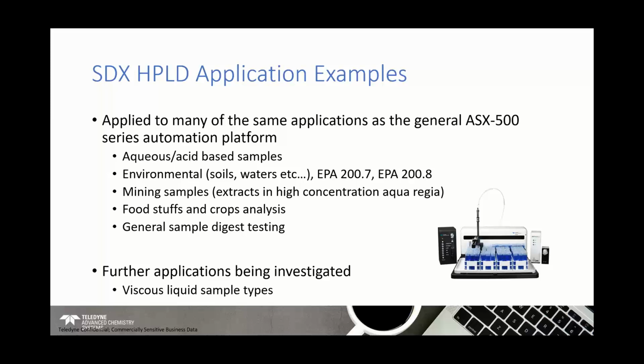So one of the obvious applications that we're looking at the moment is things like blood analysis and blood plasma analysis, where you've got essentially a liquid sample which is more viscous than samples that you might be working with in terms of digests and waters, etc. So that's something that we're looking at, and application notes are being prepared for that, and they'll be made available another time.